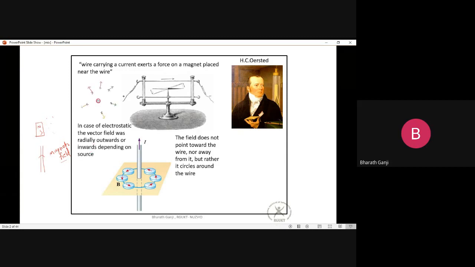And of course, this was curious because in electrostatics, the force is always radially outwards, right? If this is a positive charge, if you go around the charge, at every point the force is radially outwards. Whereas for a current carrying wire, interestingly, the field is always round.